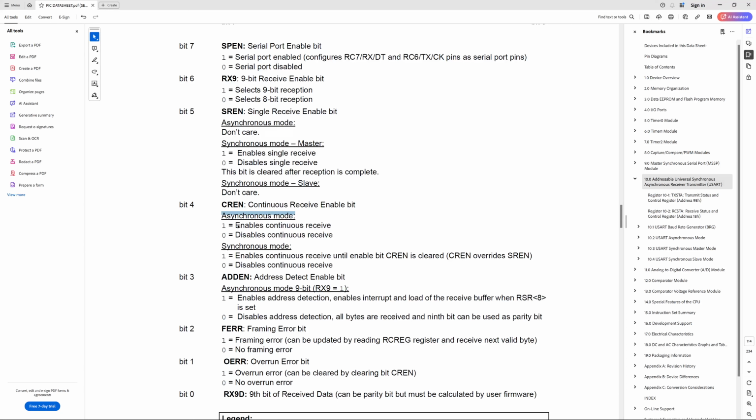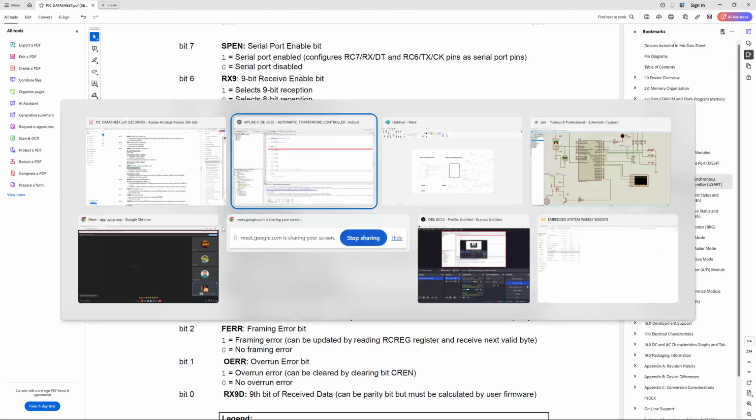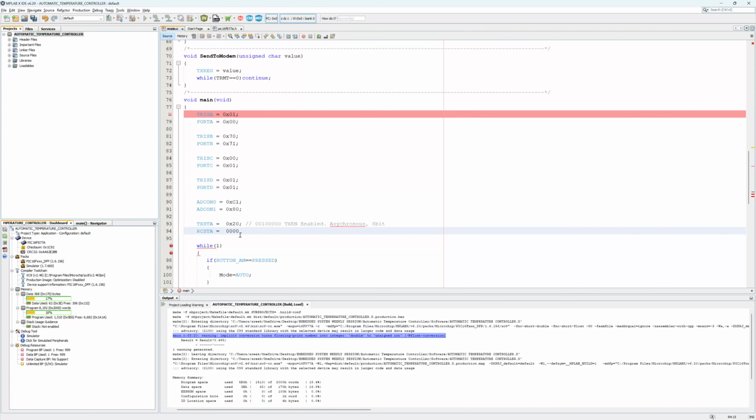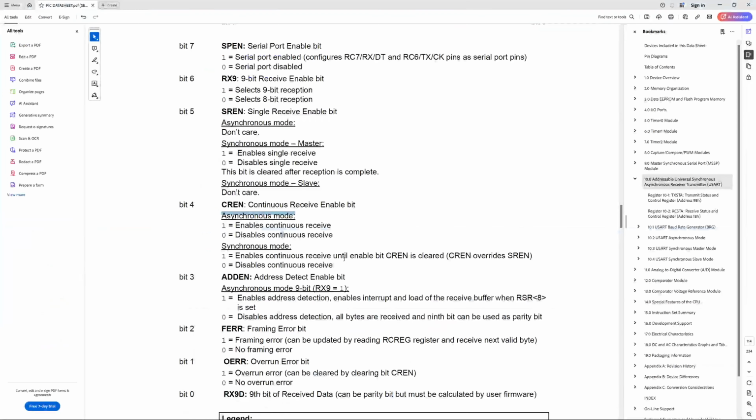If we need to receive the data continuously from the transmitter, then we need to set it to 1. We need continuous reception, so we are setting this particular flag to 1, because we need to receive continuous data.